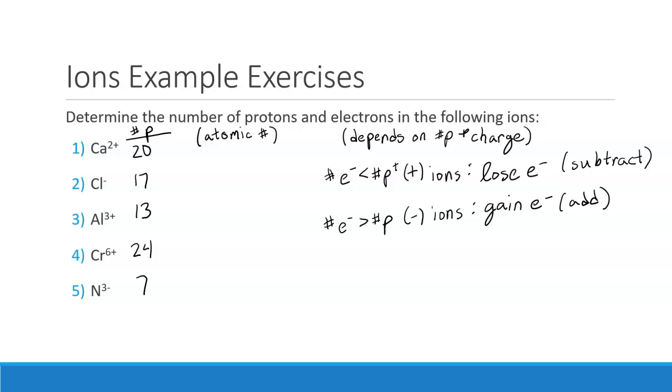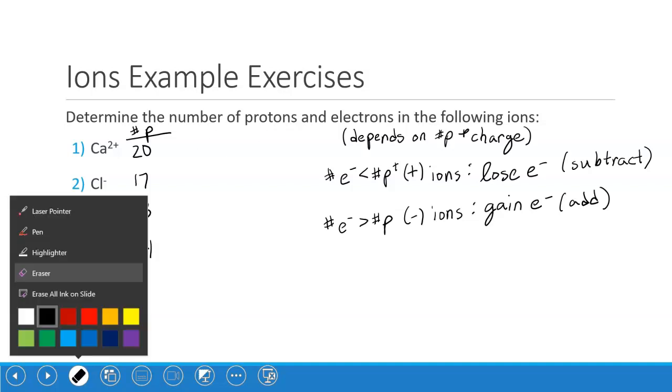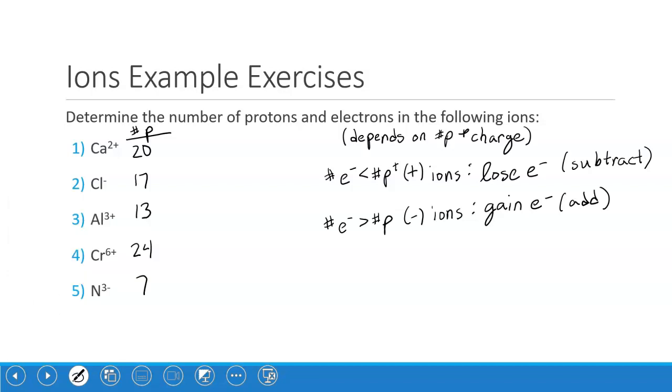Okay, so calcium is a positively charged ion. Therefore, what we're going to do is take the number of protons that we have, which is 20, and subtract from it 2, based off of that charge of 2+.